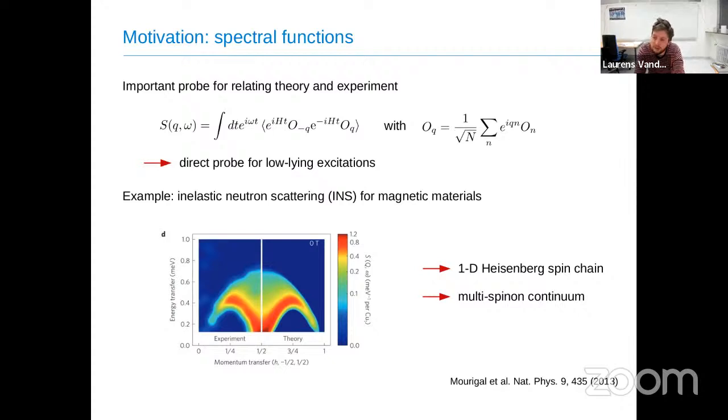This is what we would like to achieve in the most general case, for example for 2D systems as well, to have this beautiful relation between theory and experiment. For achieving such a thing in a more generic case, we really need ways of computing the spectral function starting from the microscopic Hamiltonian. Giving this nice correspondence, we can claim to understand this material in a thorough way.